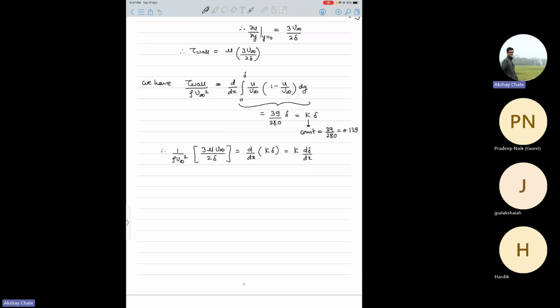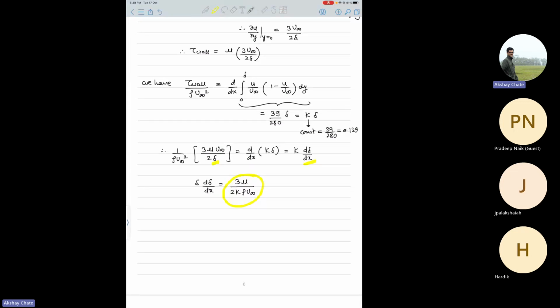Now you can take this term on the right hand side together. So what you end up with is d delta by dx will be nothing but 3 mu at the top, u infinity gets cancelled, and at the bottom you will have 2k rho u infinity.